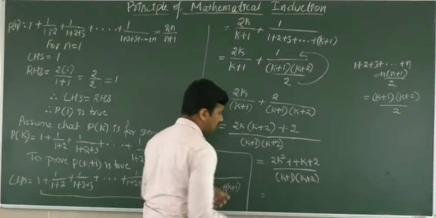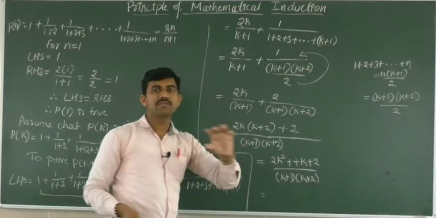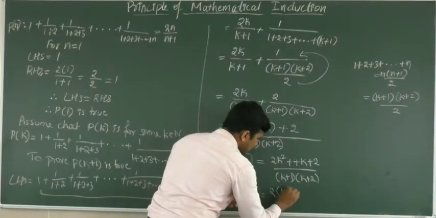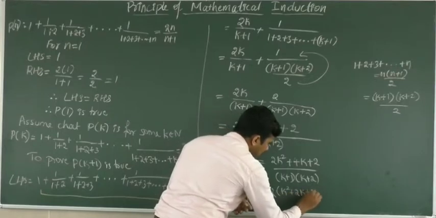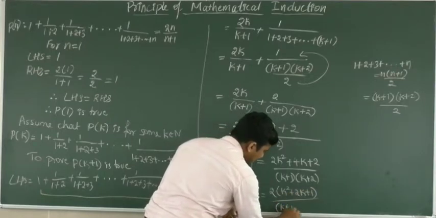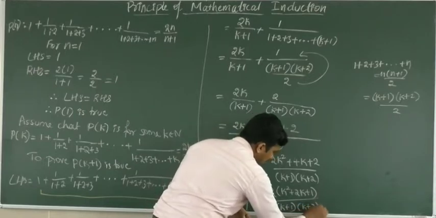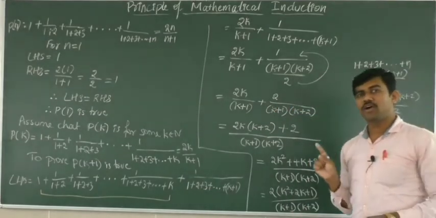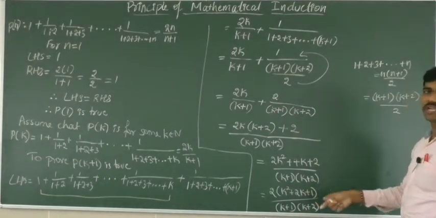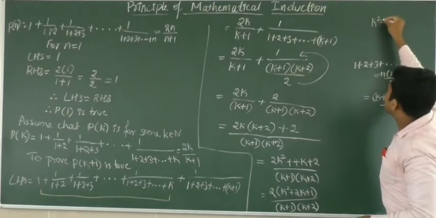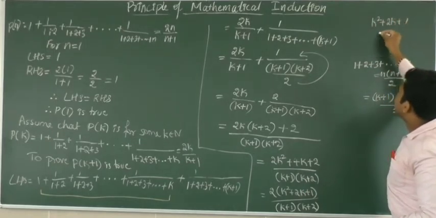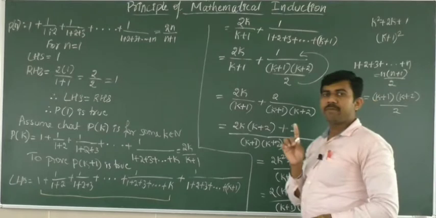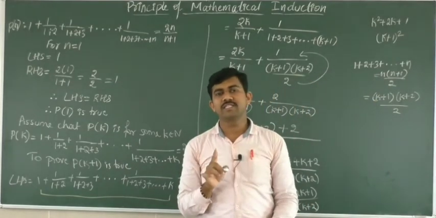Now again see here, in the numerator all the terms are even numbers, so you can take 2 common, then it remains k square plus 2k plus 1 whole divided by k plus 1 into k plus 2. Now in the numerator it is a quadratic polynomial, k square plus 2k plus 1, which is nothing but k plus 1 whole square, because we know a plus b whole square is equal to a square plus b square plus 2ab.